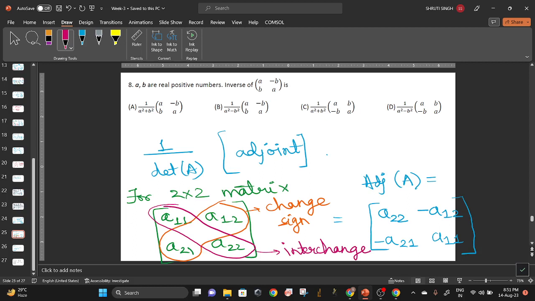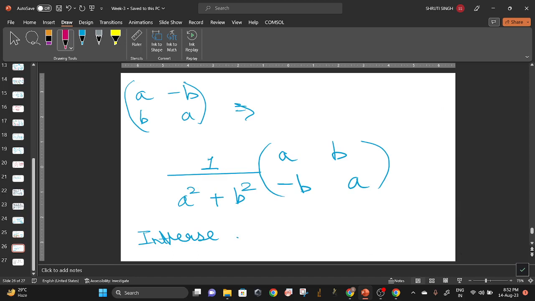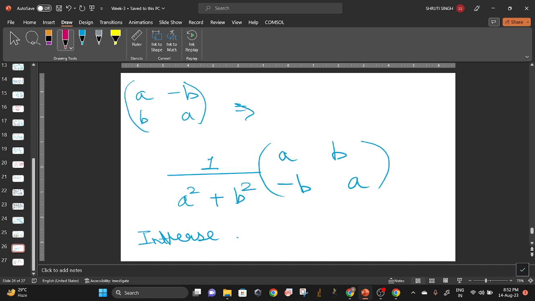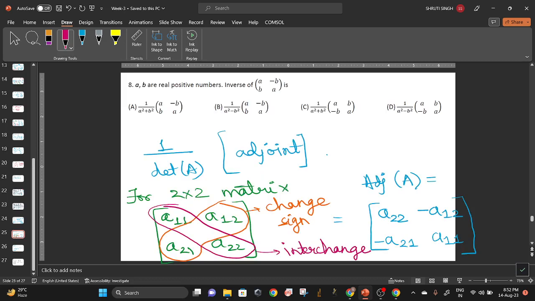Even for a 2 cross 2 matrix, if the number is a complex number, then this will not be applicable. For real numbers you can, because they have written here that these are real numbers. Okay, so that's why I gave you this one.